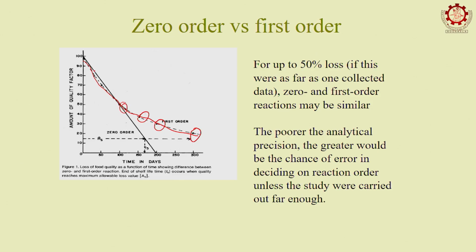Whereas if you use zero order, you are saying everything is completely depleted in 200 days, whereas in reality, even in 300 days, you have something there. So this is a much better fit with the first order reaction. By simply mathematically playing with these orders, you can see which one your particular reaction is much more suited to.